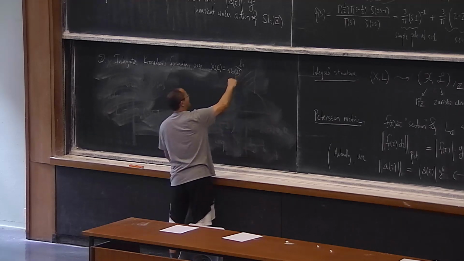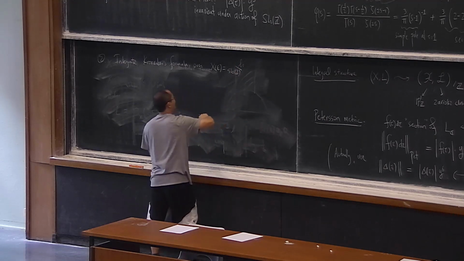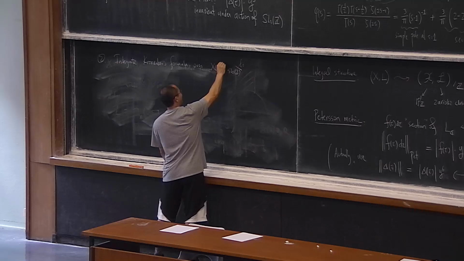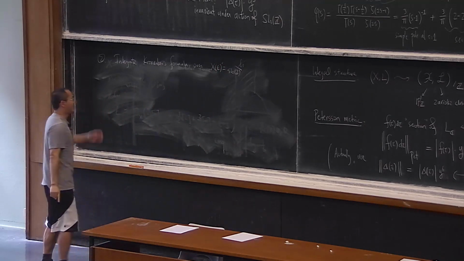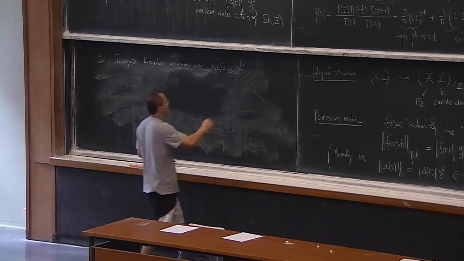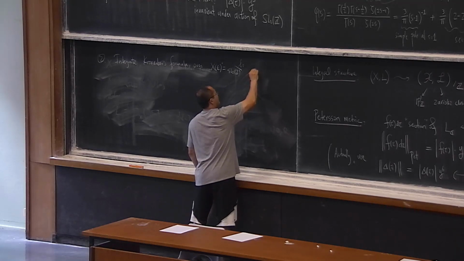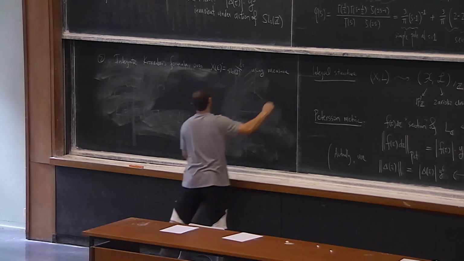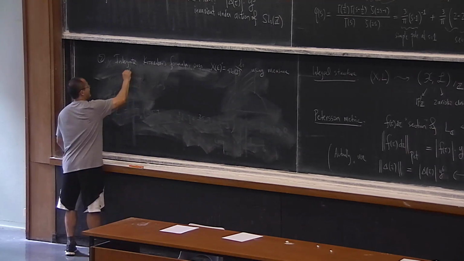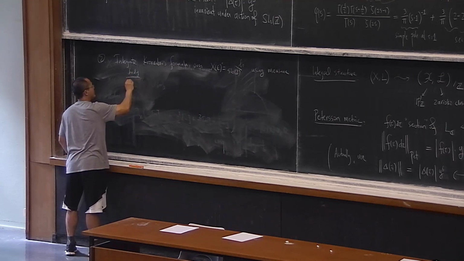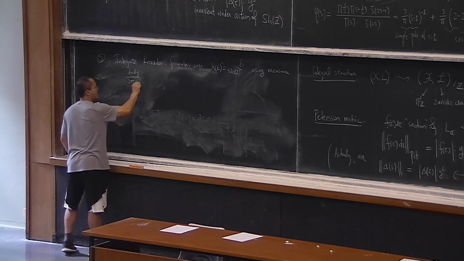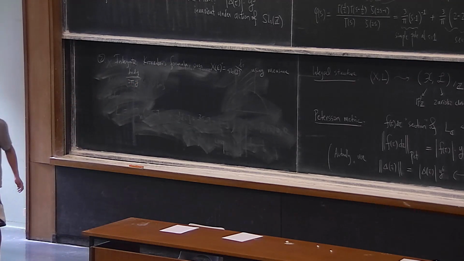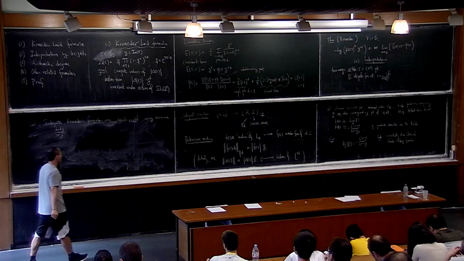We have a star, but it doesn't matter. Let's put Xc circle means no cusp, using measure. So we need a measure, and there's a canonical one to use here. The measure is invariant under the action of SL2(R).